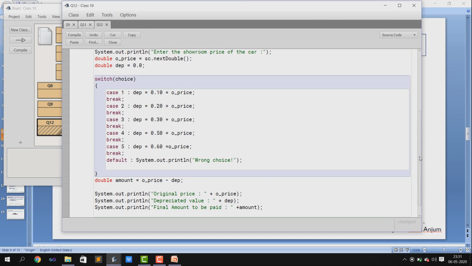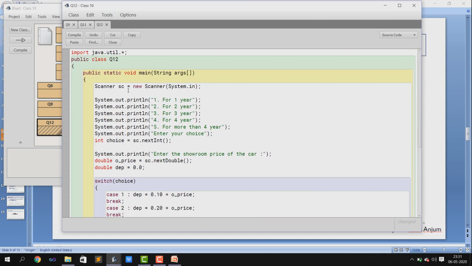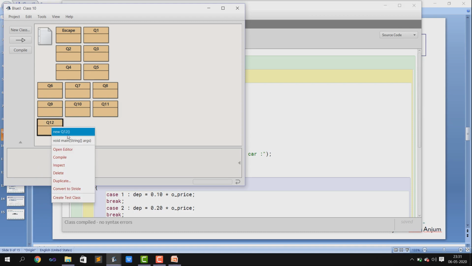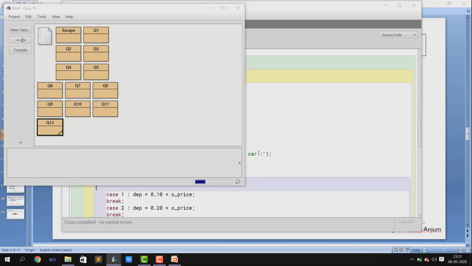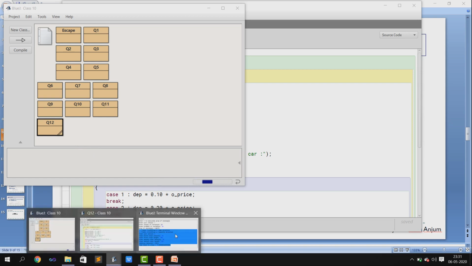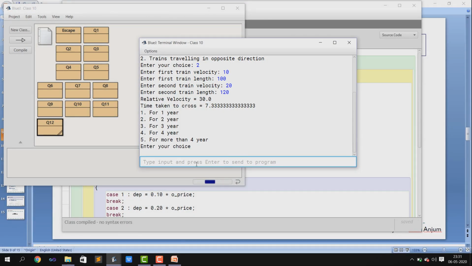Now let us try to execute this. Compiled our Java code. We don't have any syntax error. Now let us try to run this. Question number 12. Okay, we are already having it over here. 1 for 1 year, 2 for 2 year, 3 for 3 year, and so on.